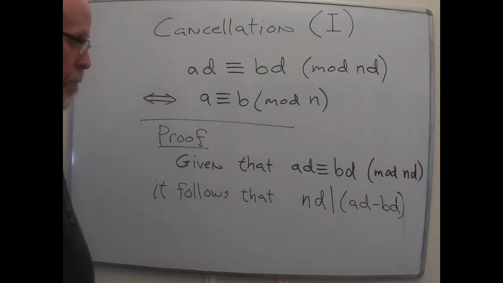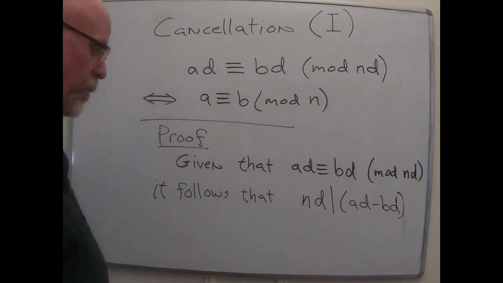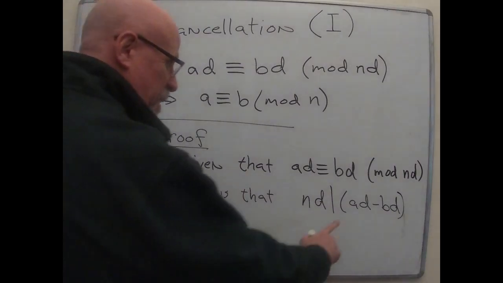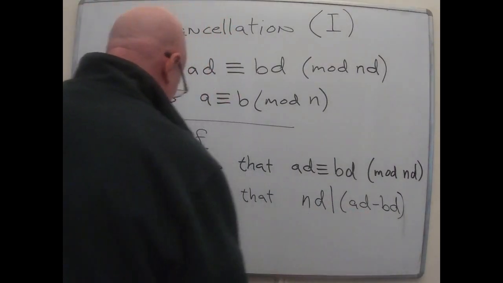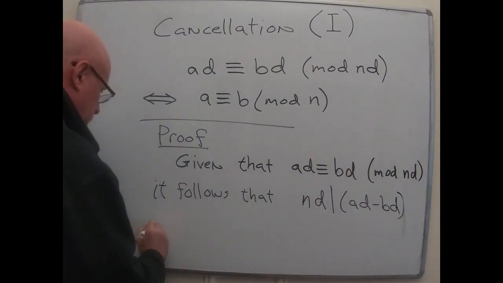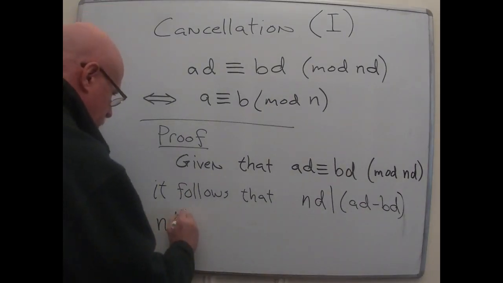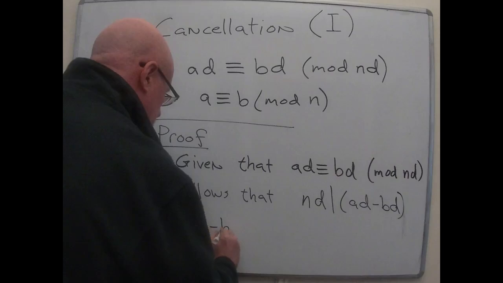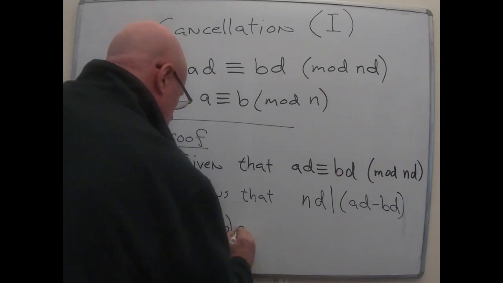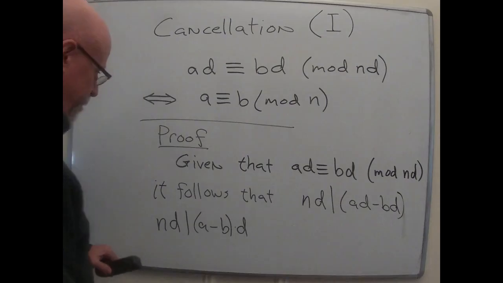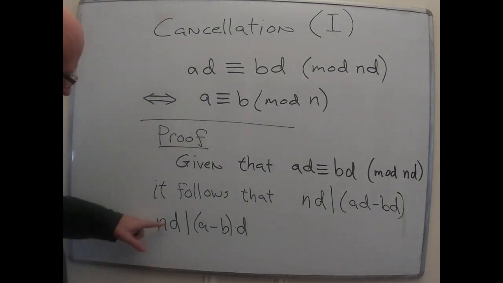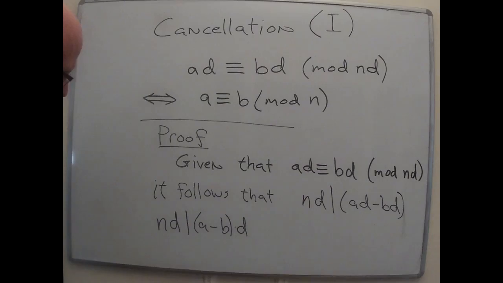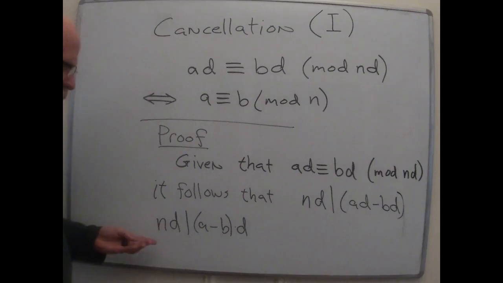So, well, you know, I can factor a D out of this, and it just looks like ND divides A minus B times D. And I guess that's okay. Can you see that I could just cancel those D's? That's actually often a proof that you've done in a Math 250 course.